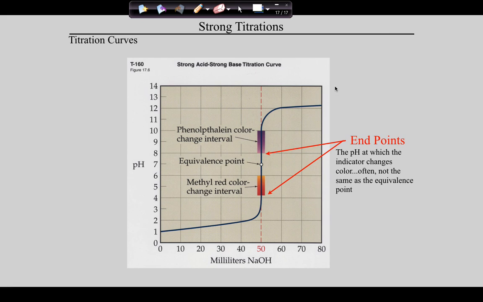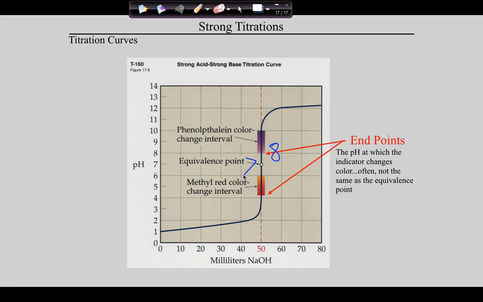But guys, here's the thing that's interesting. The end point for phenolphthalein is actually pH 8. Guys, phenolphthalein turns pink at pH 8. But where is the equivalence point for a strong acid-base titration? 7. So guys, we've got a problem. We've been using phenolphthalein to find the equivalence point.